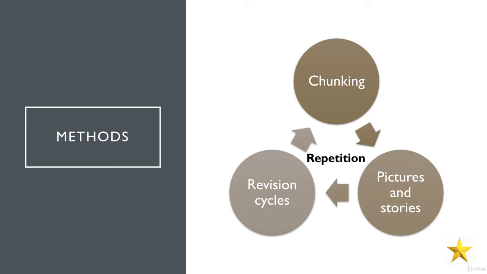And most of us, not all of us, but the vast majority of us like pictures. We like stories and images or visualizations, if you like. Thirdly, we can remember information better if we revise it. We see it again on regular cycles, and there are established cycles which we know can help you secure information better in your memory.